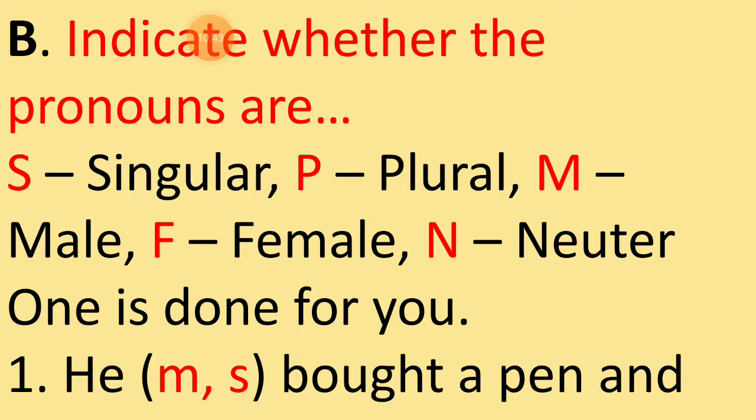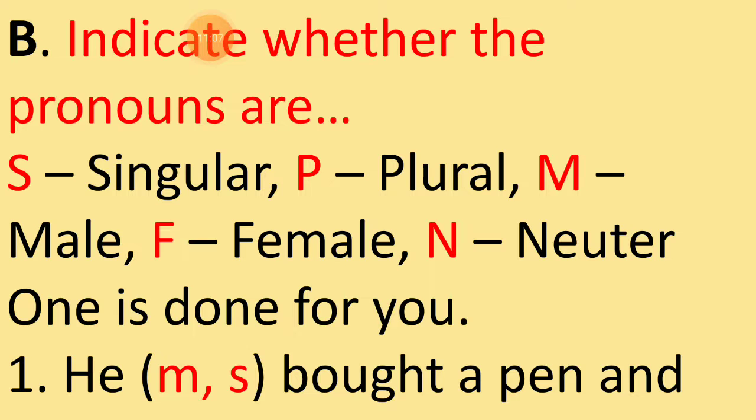Let's move ahead and see activity B. Now here the question is: indicate whether the pronouns are S for singular, P for plural, M for male, F for female, N for neuter.